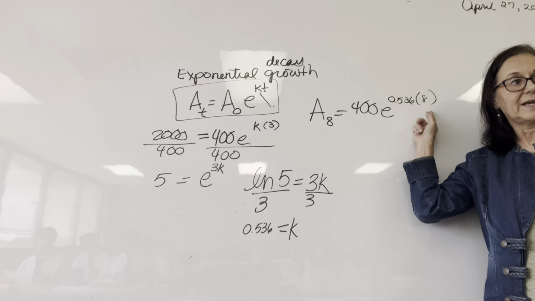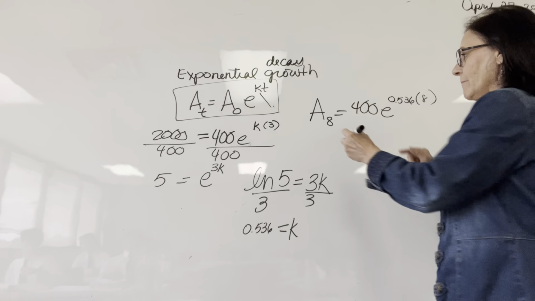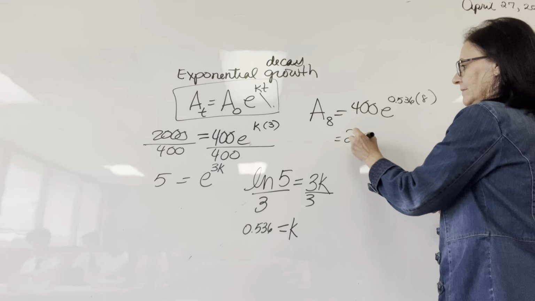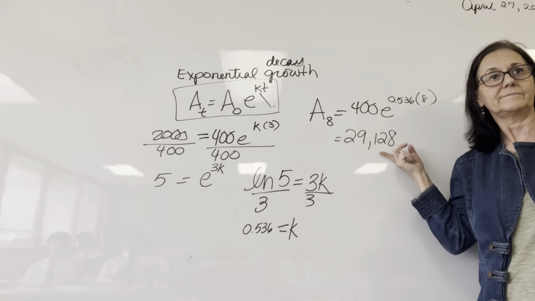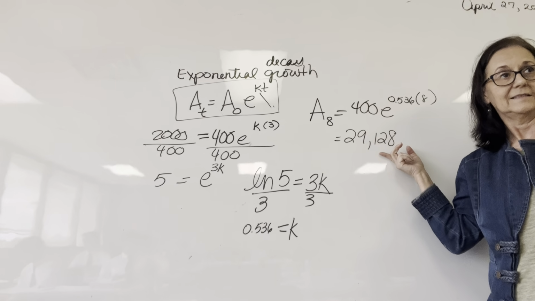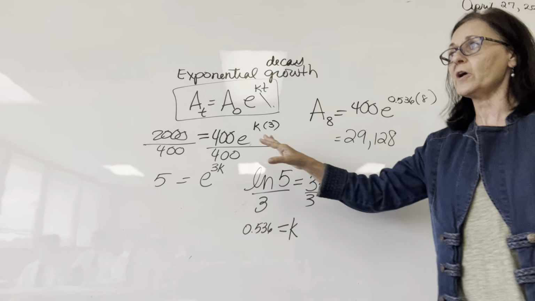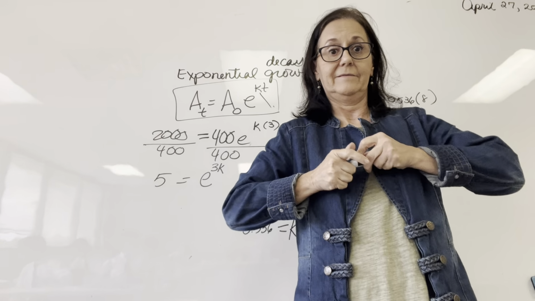Yes, because we're growing exponentially. I have 29,128.27 bacteria. All right, so with these equations, you had to go in and solve for the value of K, right?